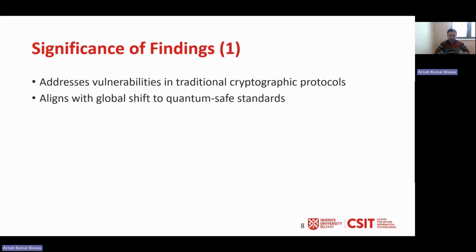We know that in the case of quantum computers, traditional cryptographic protocols have some vulnerabilities. This protects from them, and it is also aligned with the global shift to quantum-safe standards.